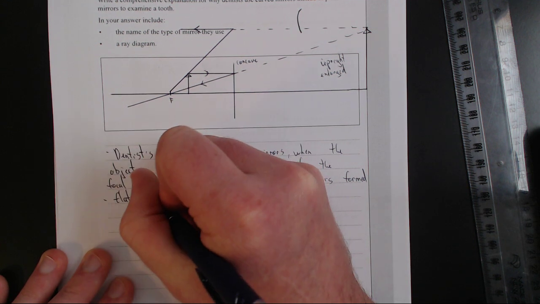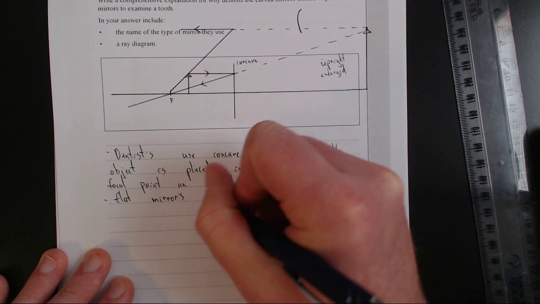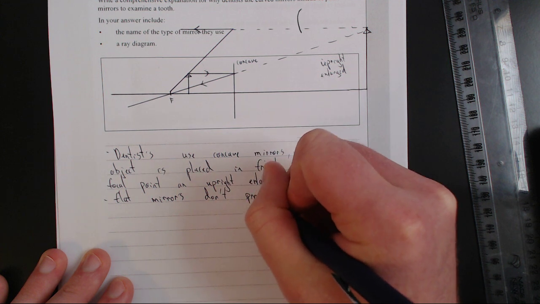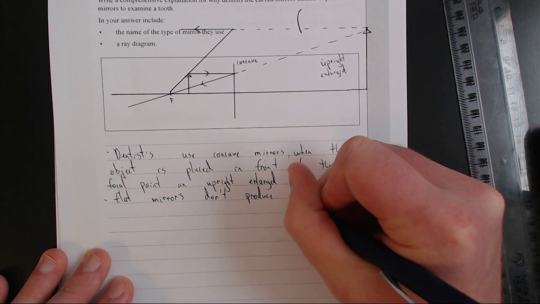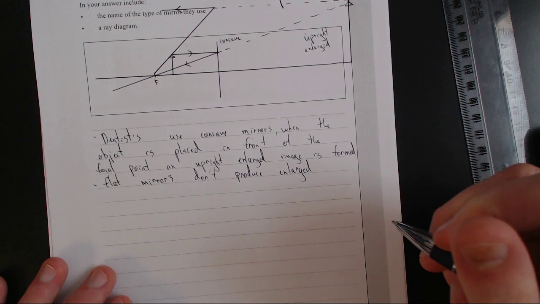Flat mirrors don't produce enlarged images. Obviously, you know that from experience.